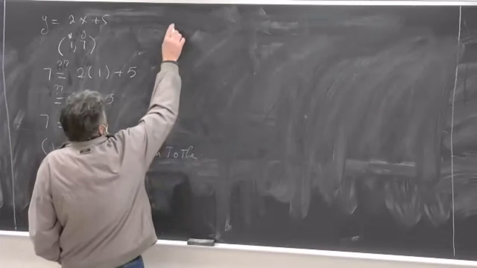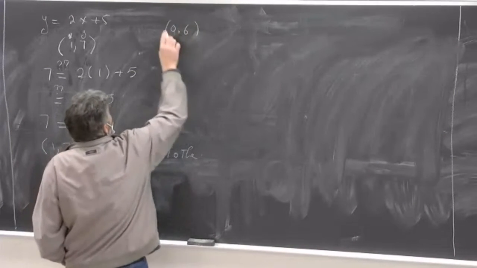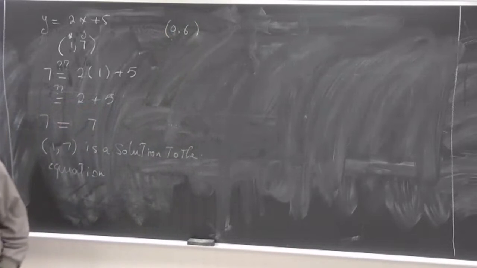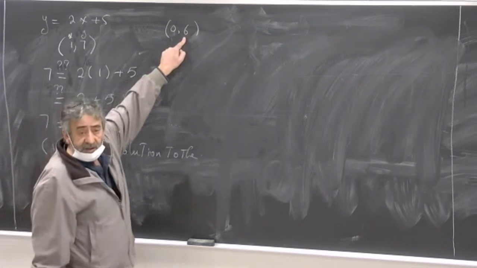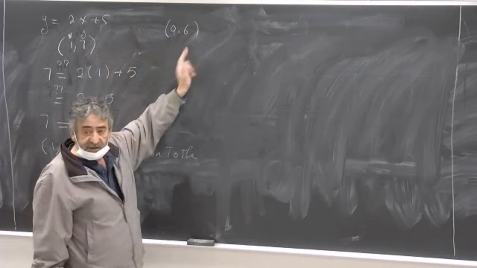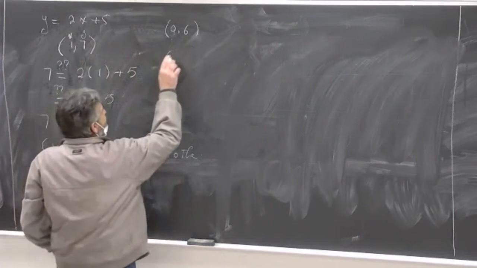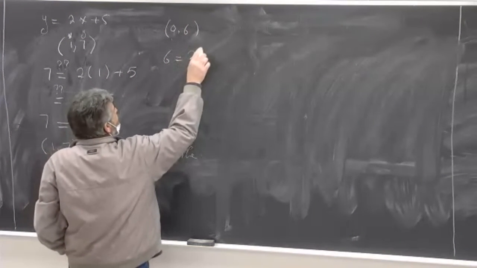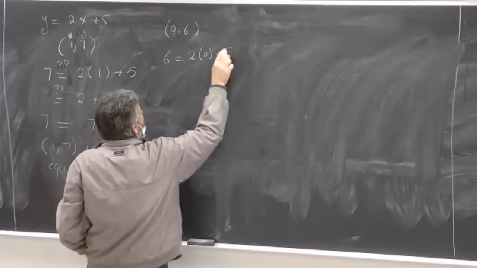How about 0, 6? Is 0, 6 a solution to the equation? Let's try. So here y is equal how much? 6. And x equals 0. So we're going to say 6 equals 2 times 0 plus 5.